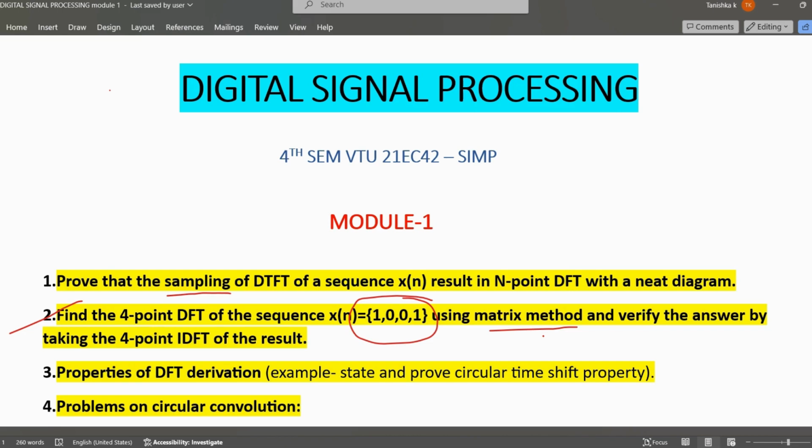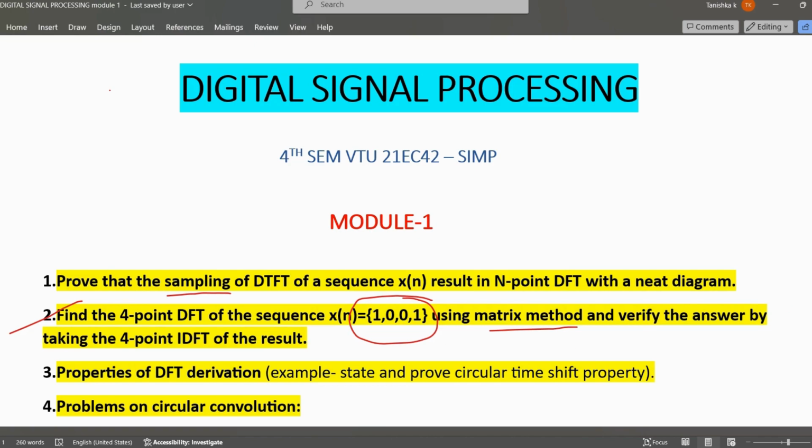If they did not mention any method, then you can solve it by any of your convenient methods. Okay, so this is important. Study the 4-point DFT of the sequence concept.